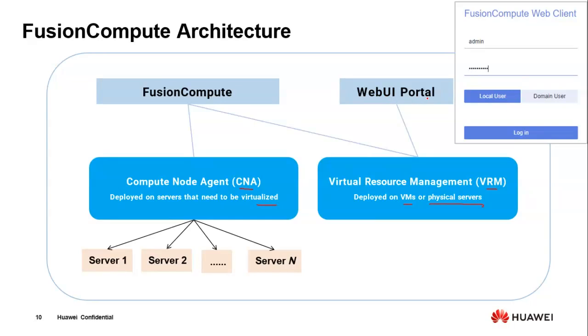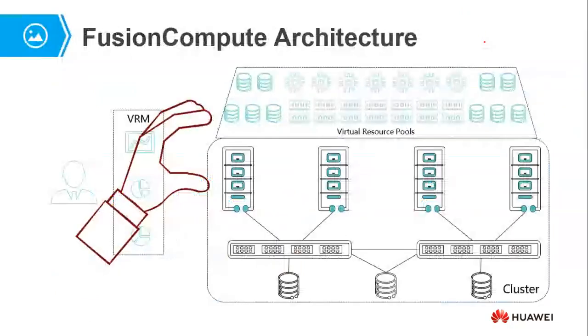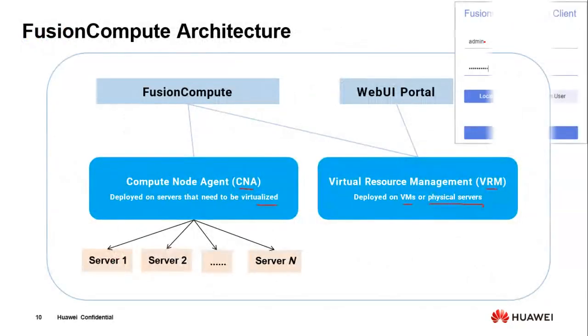Now, this VRM, you can have access to it through what is called a web portal or web UI portal. The web portal looks just like this. This is the interface for the web portal. You need to have access, admin, or a username and password simply. After you put in the username and password, then it will give you access to the VRM.